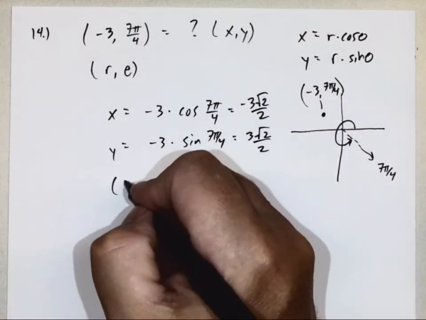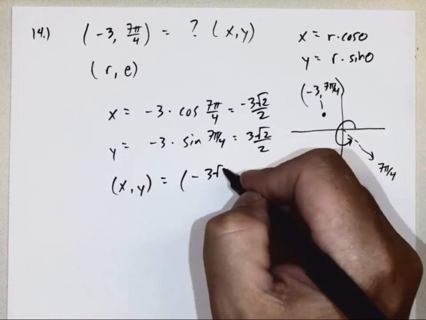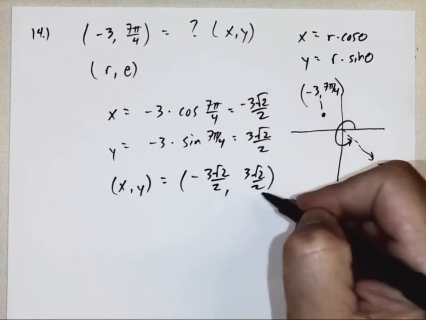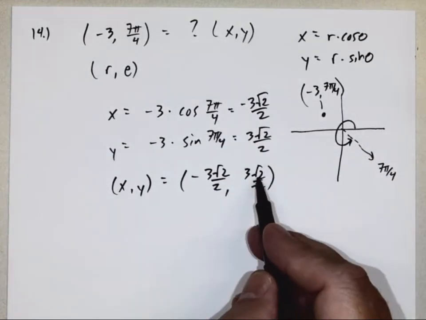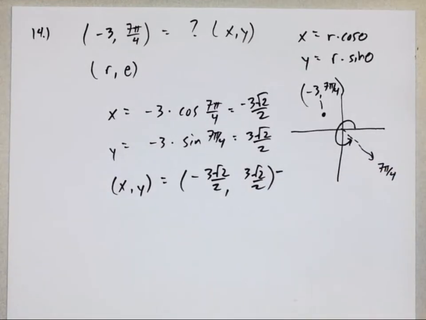So x and y should be -3 square root of 2 over 2 and 3 square root of 2 over 2. X is negative, y is positive. That makes sense. That actually is the correct answer.